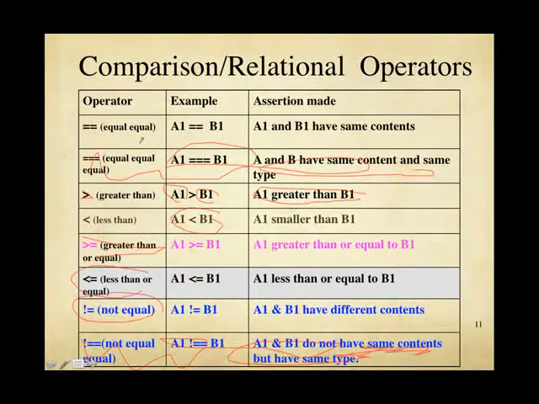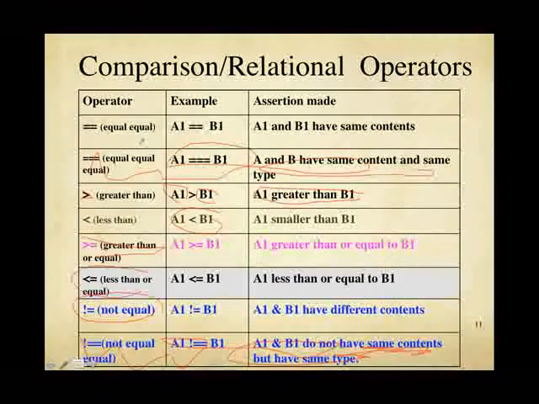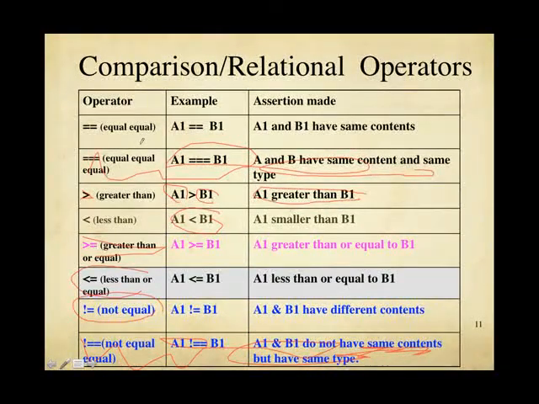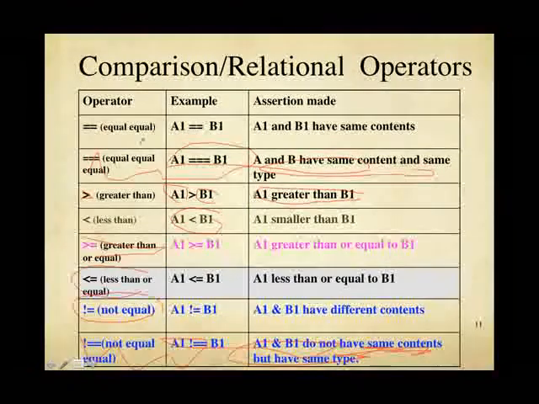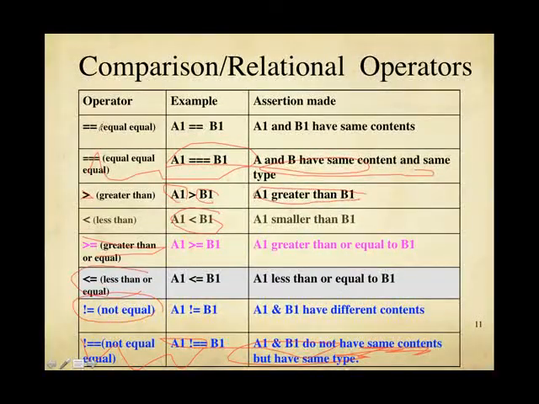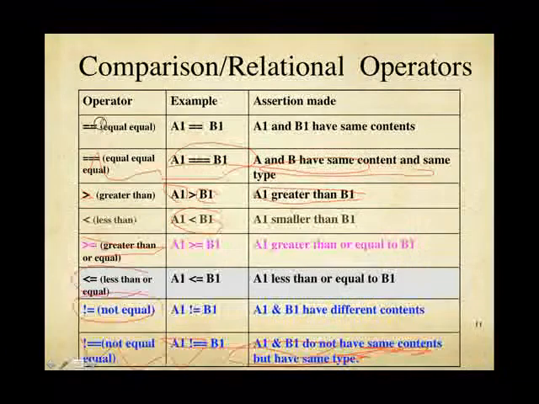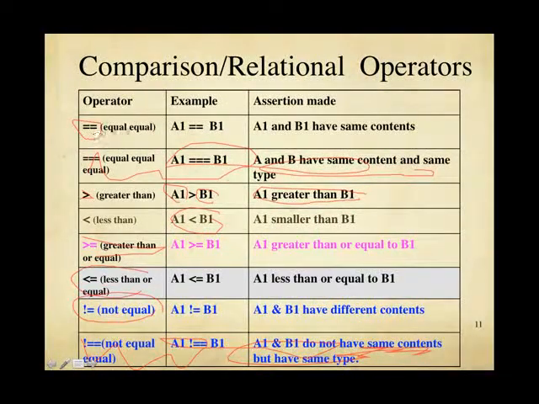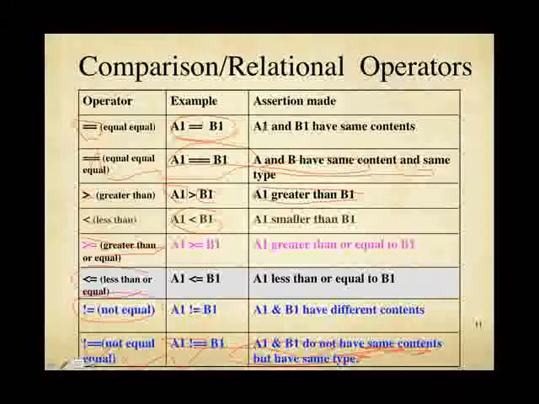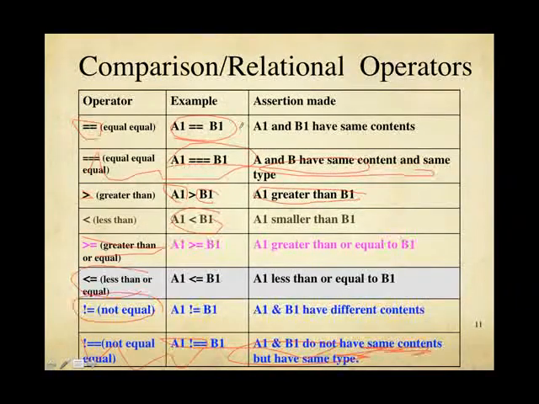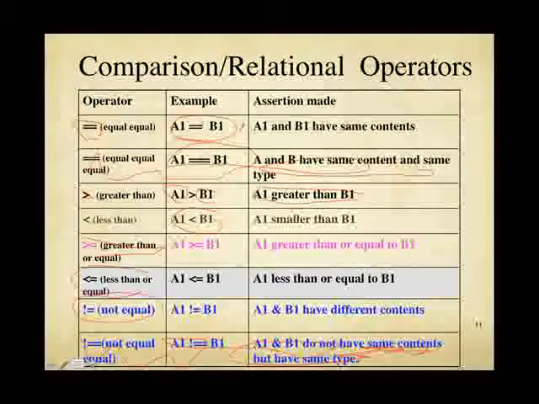But when we look at a test for equality or same content, then we do not use a single equal. We use two equals, double equal. So the assertion being made here is that A1 and B1 have the same content. If that's true, then this is a true Boolean expression, otherwise false.